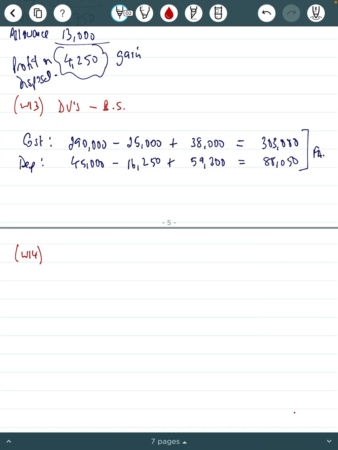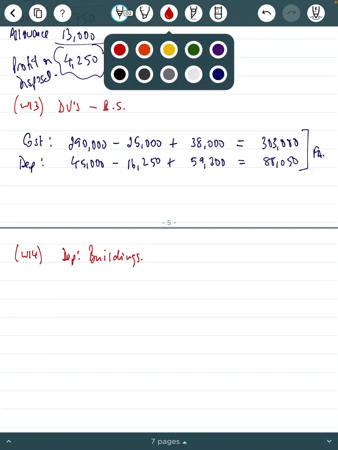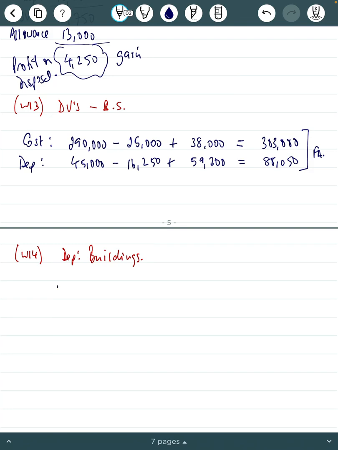So this is your depreciation on buildings. That would simply be 800,000 multiplied by 2%, which gives you 16,000 euro. I'll just double check that I'm not making a silly mistake. Okay, so that 16,000 euro is an admin expense.